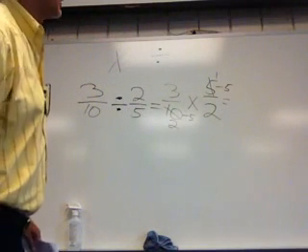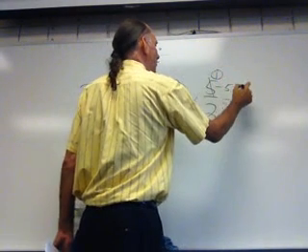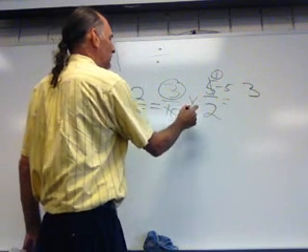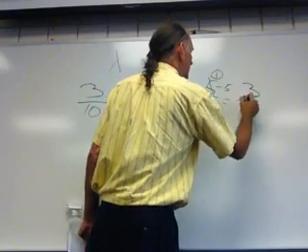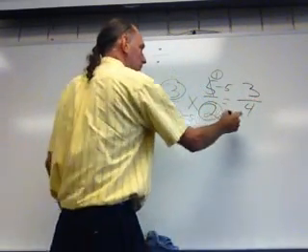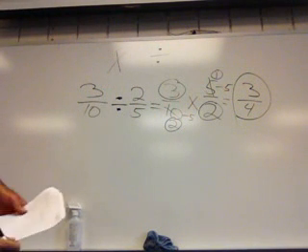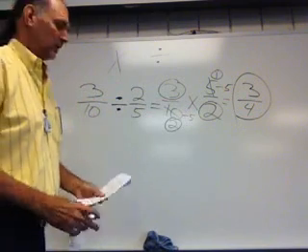I think that's about all I've got. So I've got 3 times 1, which equals 3. And I've got 2 times 2, which equals 4. So I get 3/4. So when I'm dividing, all I do is I take the inverse and change the sign. Let's do one more.